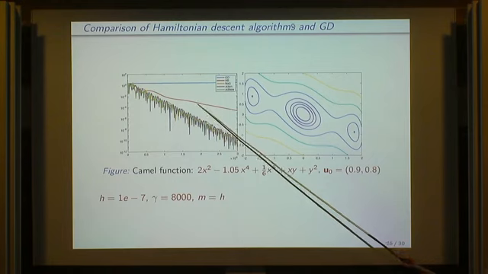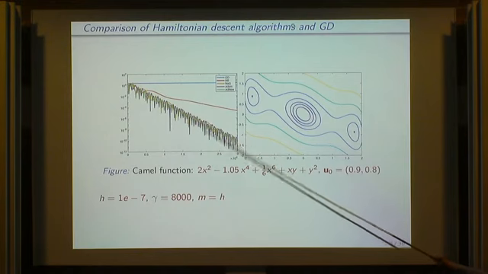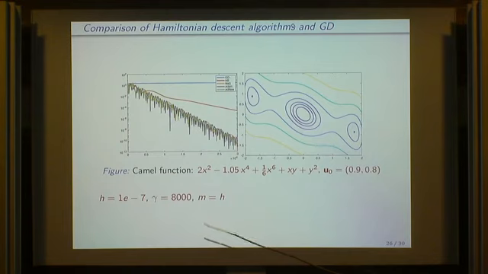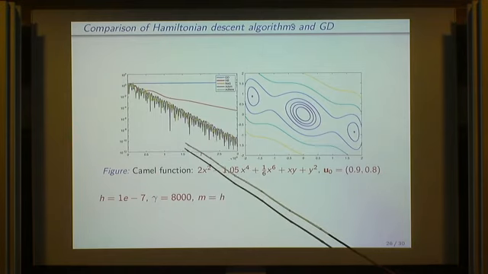This is the heavy ball method, and these are the other three, so they are comparable. This depends very much on the initialization, on the choice of parameters, and so on and so forth. So it's not extremely representative, but it's true that you can accelerate the gradient descent with this method.